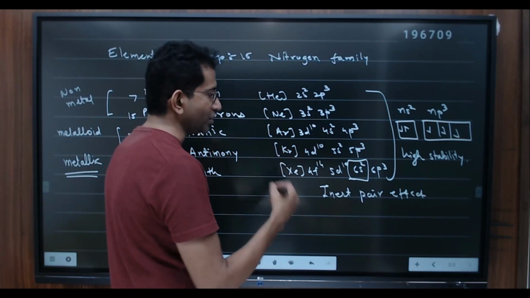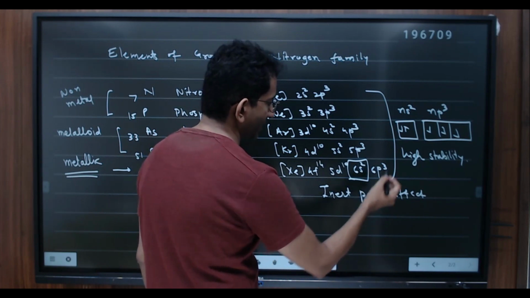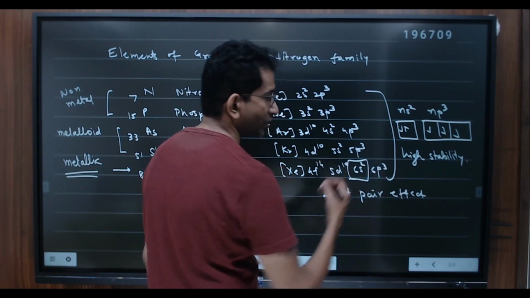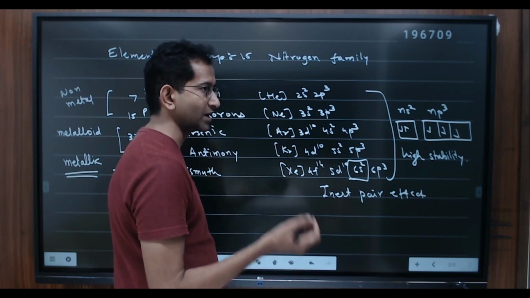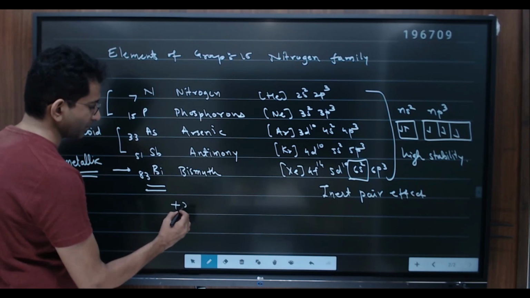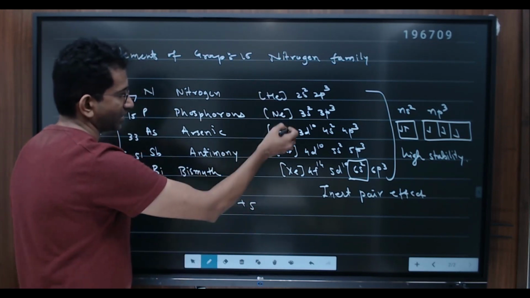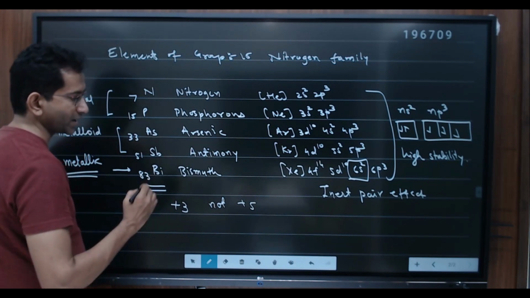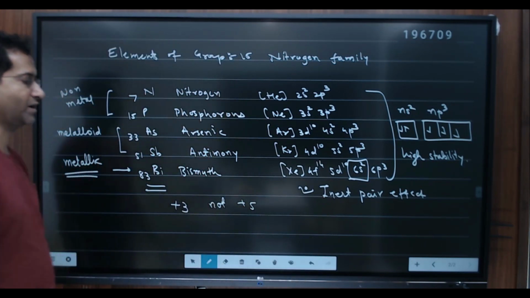Due to that reason bismuth generally forms the compounds participating only 3 electrons present in 6p, and most of its compounds are such in which bismuth has oxidation state +3, not +5 like other elements nitrogen, phosphorus. So this is very important, and this observation is called inert pair effect.